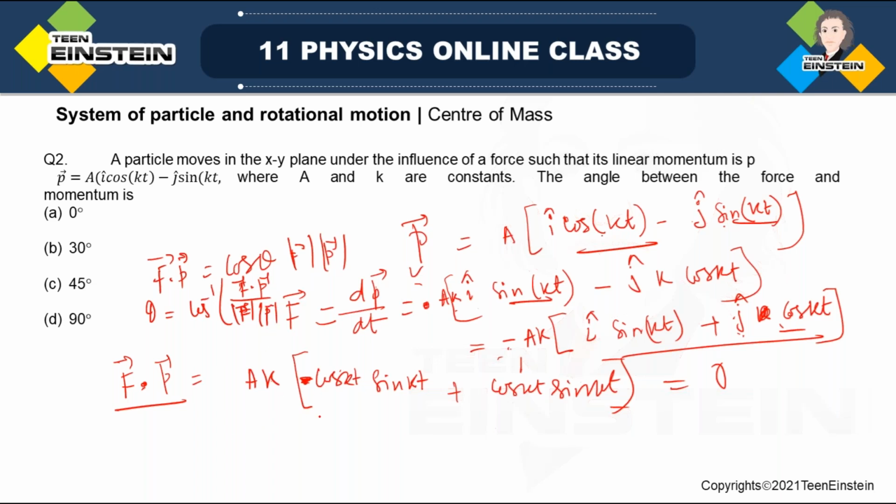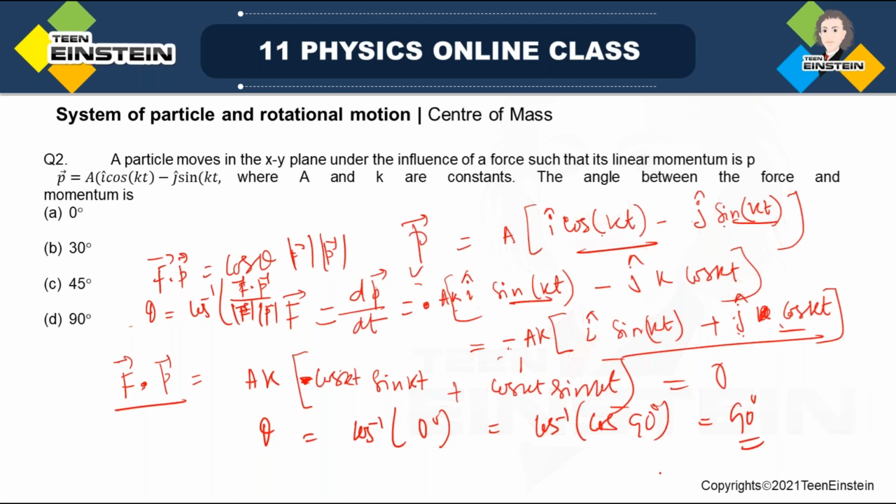Now if I know the dot product is 0, then theta is equal to cos inverse 0. So cos inverse of cos 90 I can write, and from here theta is equal to 90 degrees.